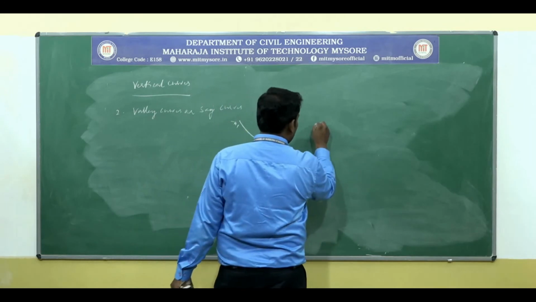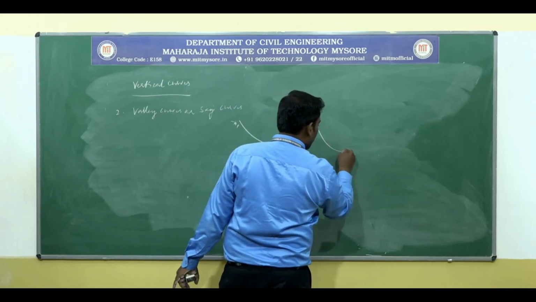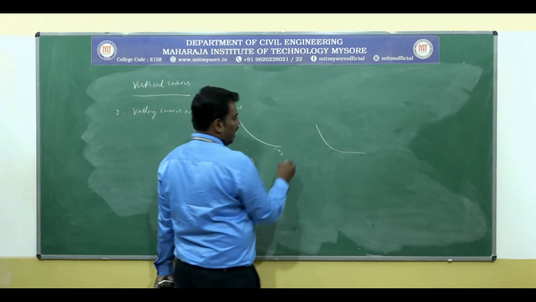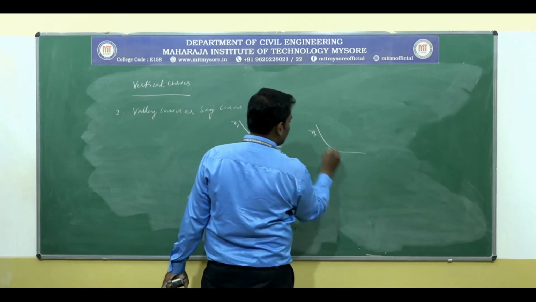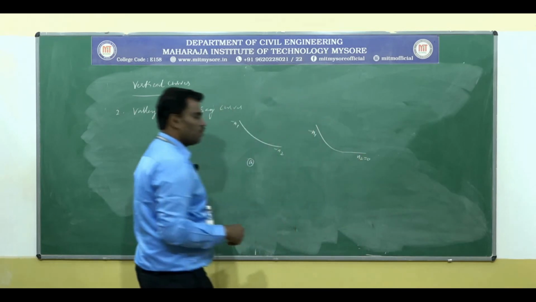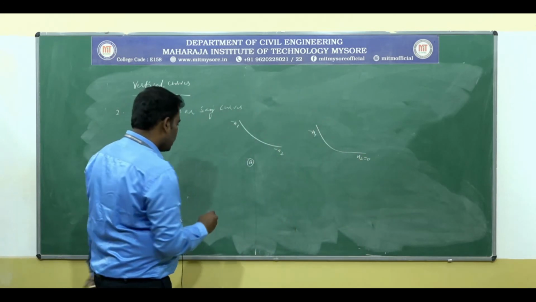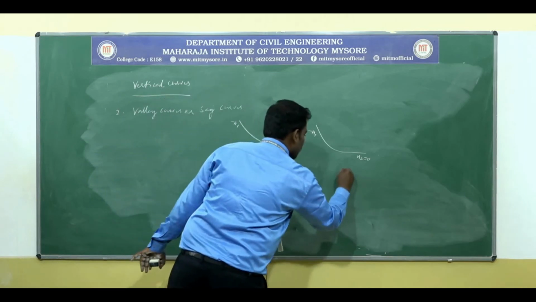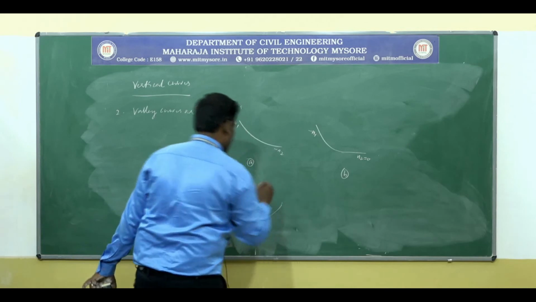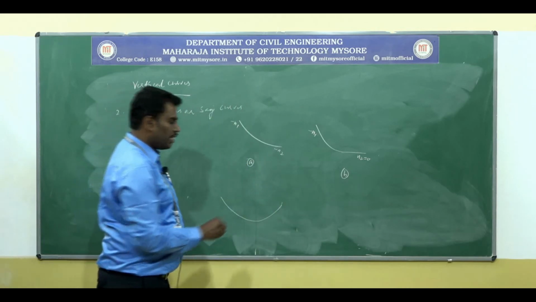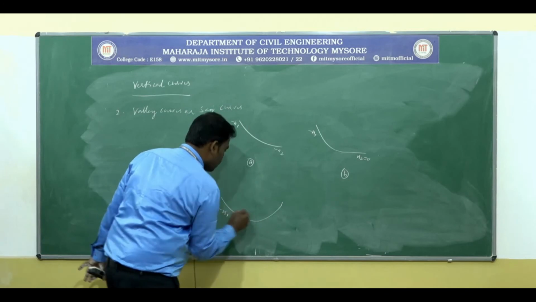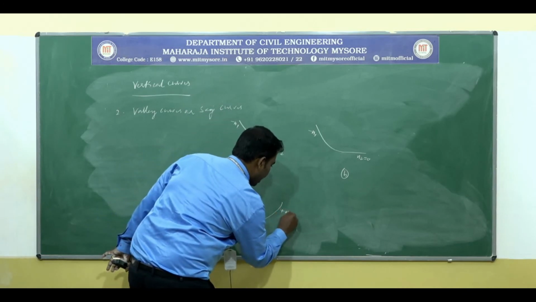The second case is a downward gradient followed by a level gradient, that is minus n1 followed by a level gradient, n2 equal to 0. The third case is a downward gradient followed by an upward gradient, that is minus n1 followed by plus n2.